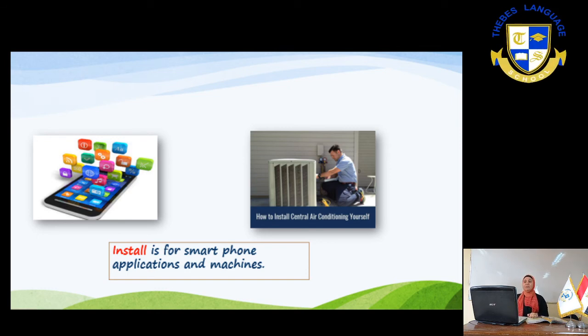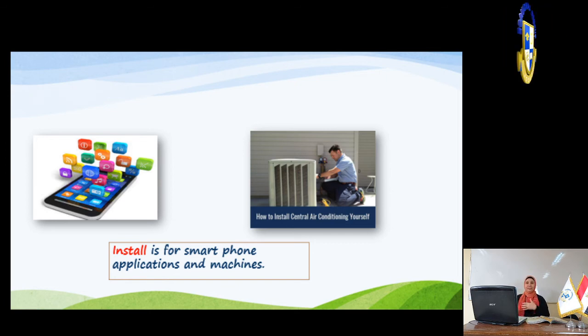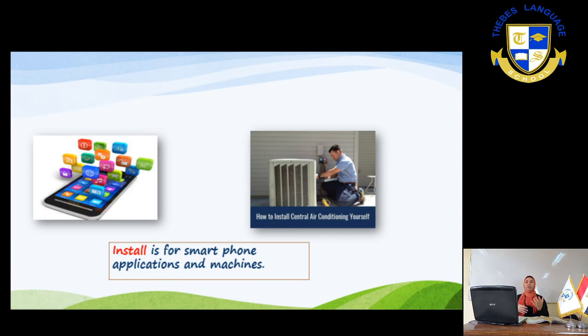Install is for smartphones, applications, and machines. You install applications like WhatsApp, Telegram, or whatever, in your cell phone. And the next picture, how to install central air condition yourself. So you use install for both applications and machines.